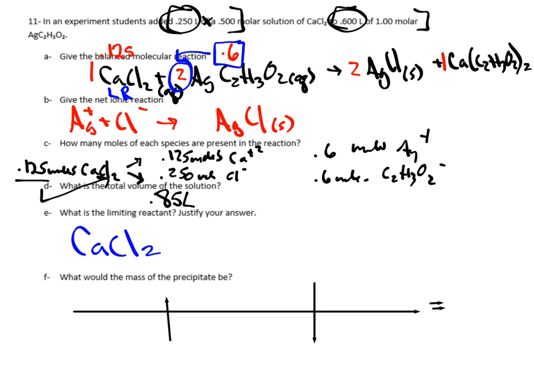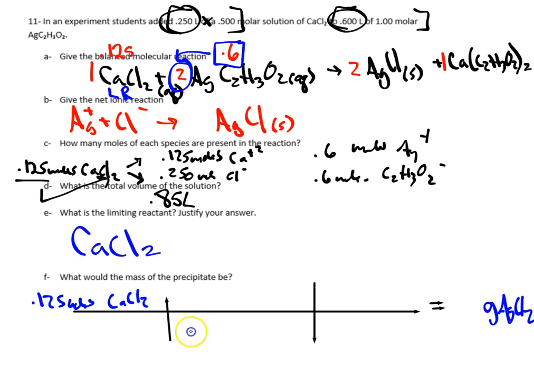Okay, next up, what would the mass of the precipitate be? All right, we're just trying to find the grams of AgCl. So I just take my moles of calcium chloride. It's 0.125 moles CaCl2.